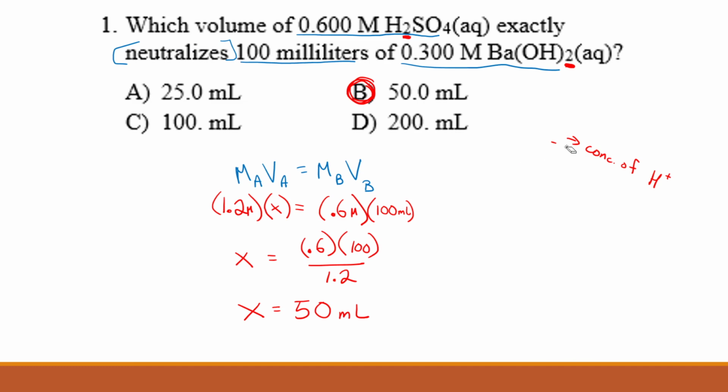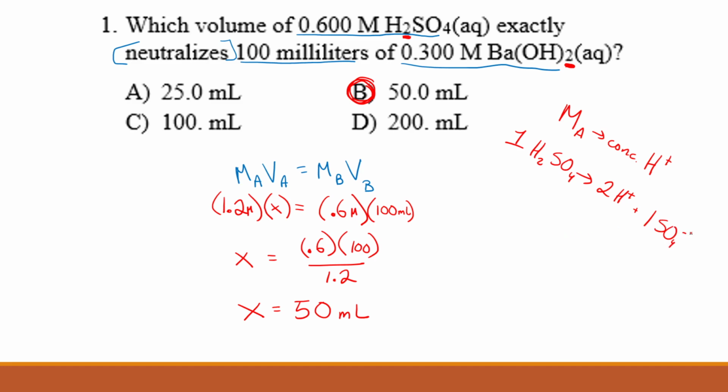We're looking at MA being the concentration of the H plus. If I have 1 H2SO4, that's going to give me 2 H pluses and 1 SO4 minus 2, sorry.